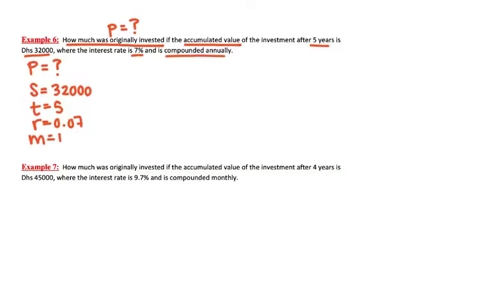Now remember, when we see the word compound, we know we've got this more complicated equation that is appropriate. But the issue is I know what S equals, I don't know what P equals. So it will be easier for us if we could rearrange this equation and have P equals.